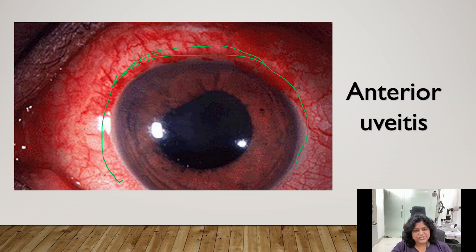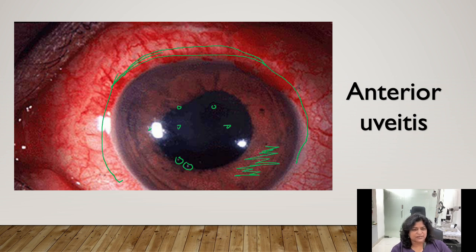Now, what you see here is there are some changes which happen in this portion of the eye, which is actually in the back of the cornea. The cornea is the transparent portion in front of the eye. So behind that we see some deposits. As you can see here, there are some deposits. Then we see some reaction in the front portion of the eye.